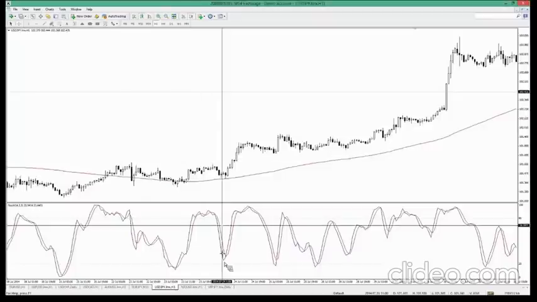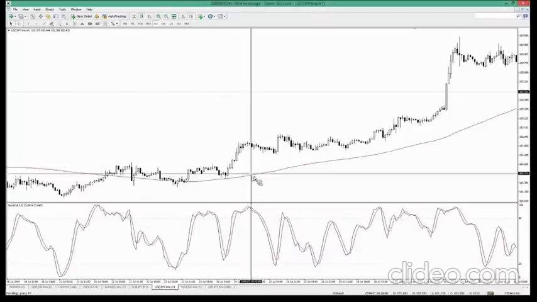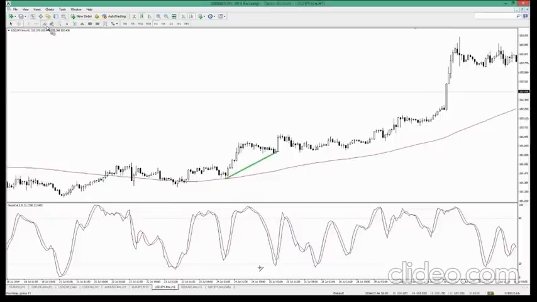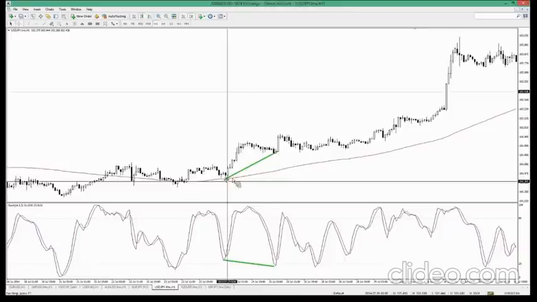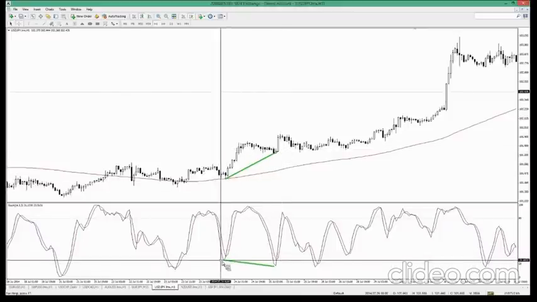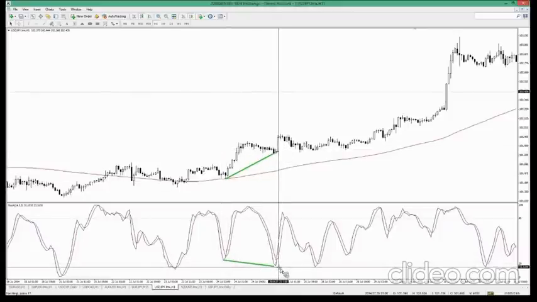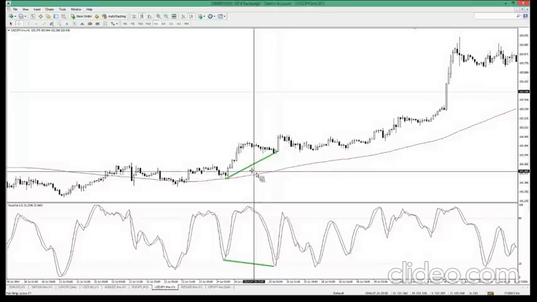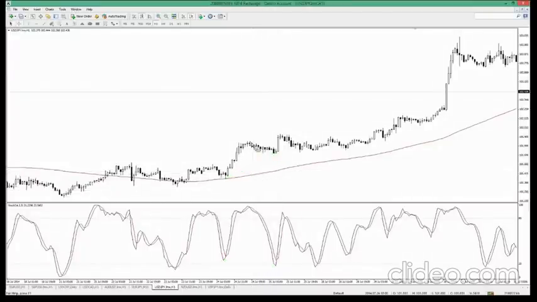You can see here, for example, there's a very shallow, very shallow pullback here to price. So if we go and look at the daily chart, right?